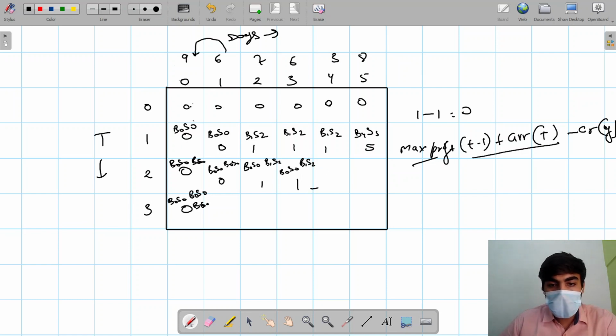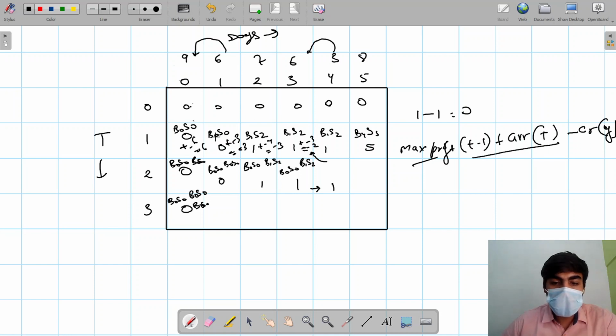Okay, now come to here. First option is taking it as it is or checking for others. So for that, 3 minus 6 gets minus 3, 1 plus minus 3, minus 2. 3 minus 7 gets minus 4, 1 plus minus 4, minus 3. 3 minus 6, 0 plus minus 3, minus 3. Here 3 minus 9, minus 6, 0 plus minus 6 is minus 6.